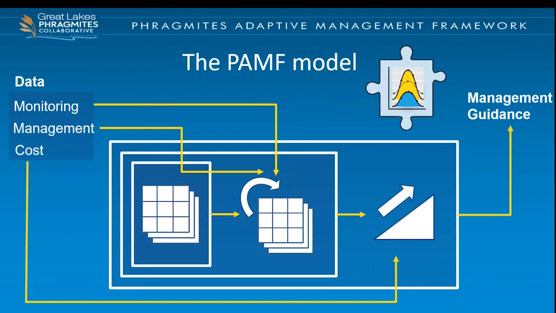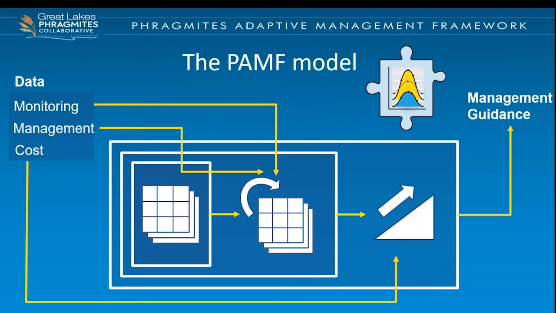So we do have quite a few sites enrolled that are in standing water. When you enroll a site, you're going to be able to indicate whether you have the ability to do any sort of physical cutting methods, or if you're able to cut underwater, or if you're able to control the water levels. And you may get a combination from the PAMF model that recommends that you implement cutting underwater.